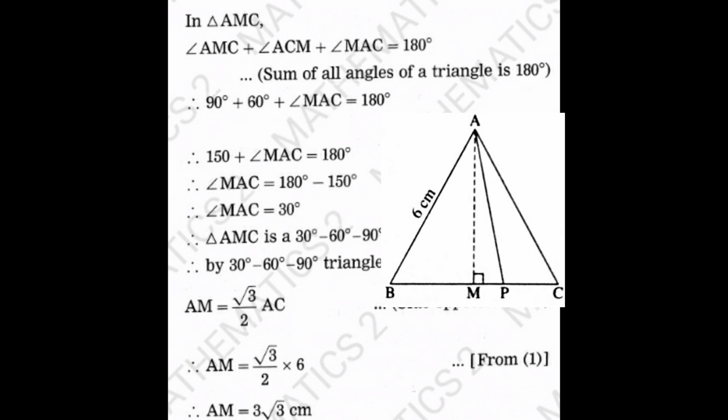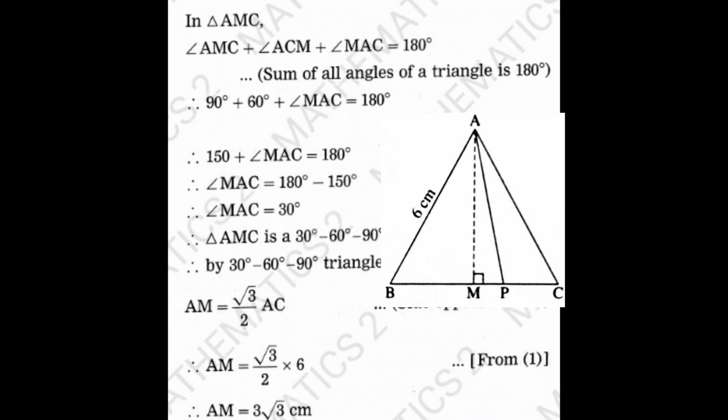That is, the sum of measures of all angles of a triangle is 180 degree. 90 plus 60 plus angle MAC is equal to 180 degree. So after simplification, I will get angle MAC is equal to 30 degree. So in triangle AMC, angles are 30 degree, 60 degree, 90 degree. Therefore, triangle AMC is a 30, 60, 90 degree triangle.